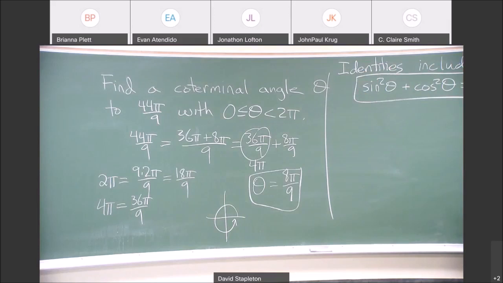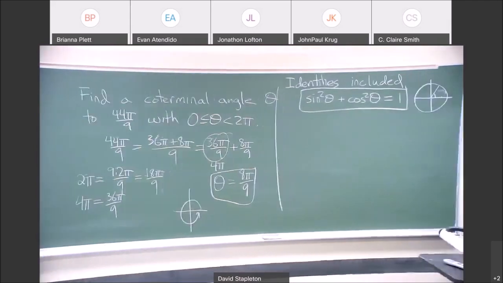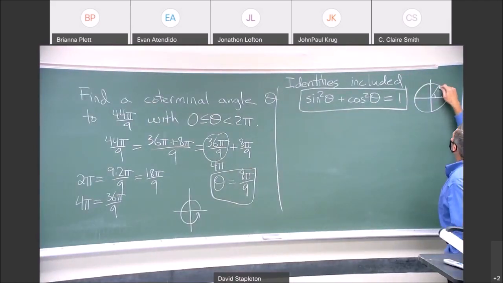If you remember that for any angle theta, let's put it in the first quadrant just so it's easier to look at, though it works in any quadrant. For any angle theta, I can drop a perpendicular to the x-axis.